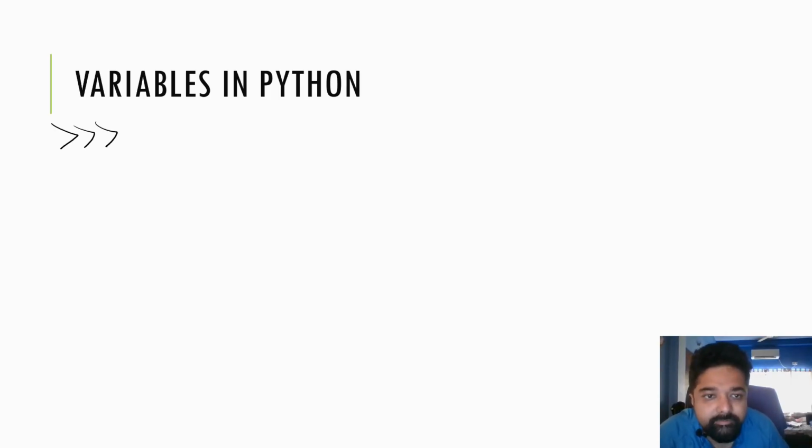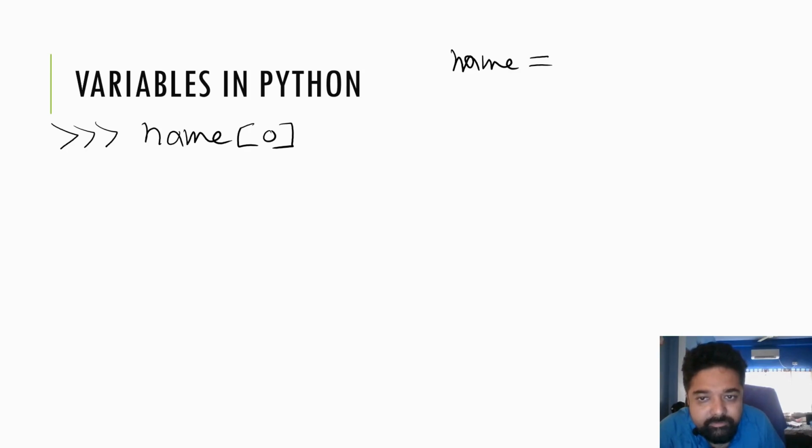If I write name[0], what will be the output? Remember, your variable name is equal to SPIST. Here the positions are 0, 1, 2, 3 and 4.